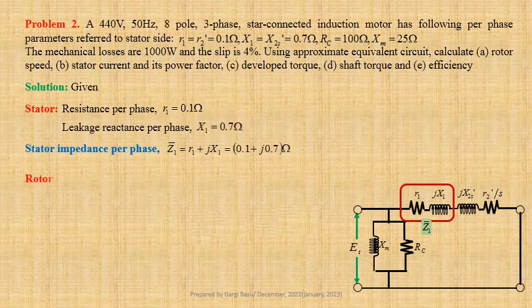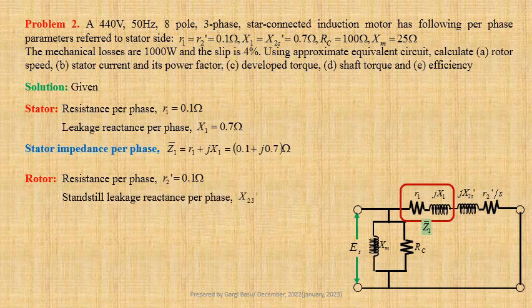For rotor winding, given resistance per phase referred to the stator R2 dash equals 0.1 ohm and standstill leakage reactance per phase X2S dash equals 0.7 ohm.